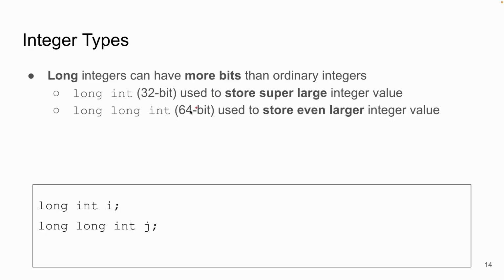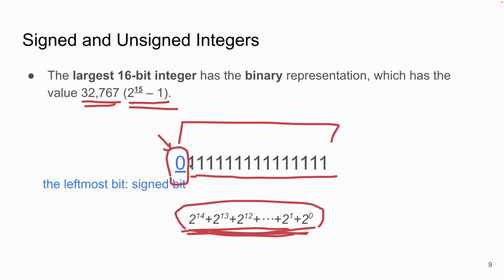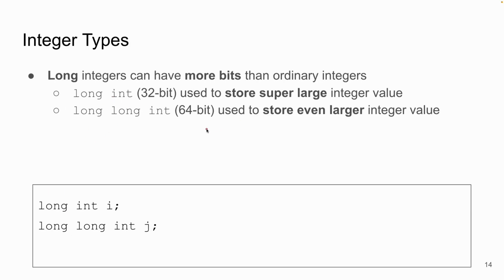For example, if I want to store a super large integer value, then I will declare the variable to be long int, because if we declare the integer variable as a long integer, that means this long integer will use 32 bits to store the integer value. So if you know that in your programs you will store a value larger than the value here, then you should declare the variable as a long int.